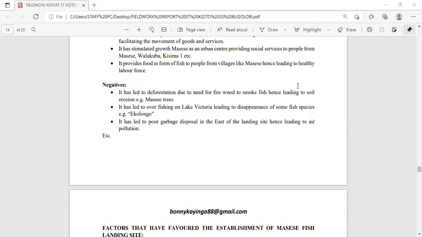Each method has a tool, as we were saying yesterday. The tool for observation is the eyes. The tool for recording is the pen and paper.